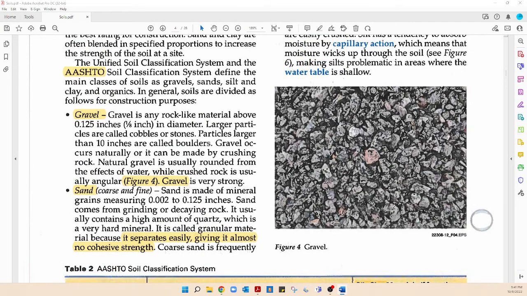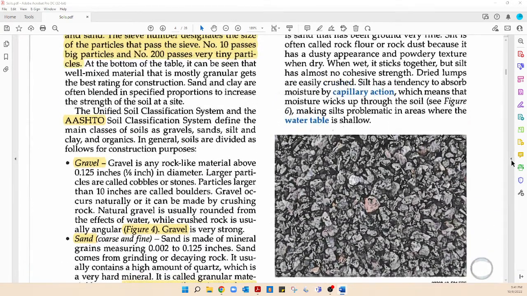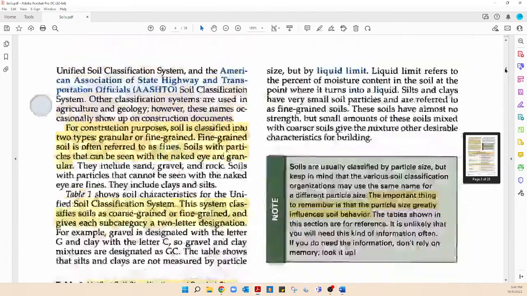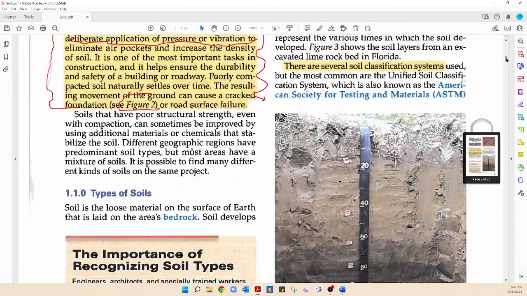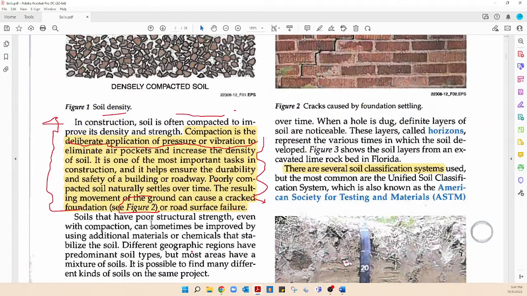A little bit of it. We'll get into it. I'll start it tonight, but just here is a little bit. Poorly compacted soil naturally settles over time. There are several soil classification systems.